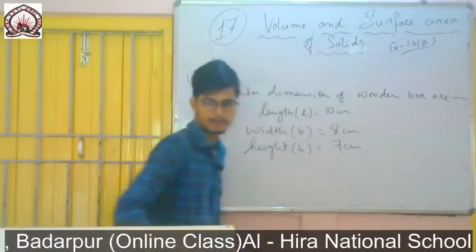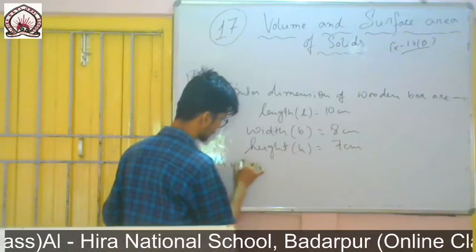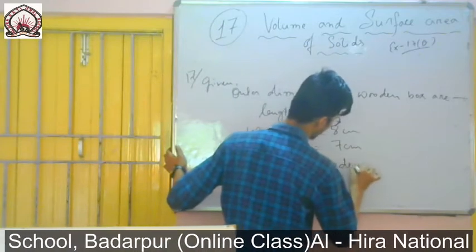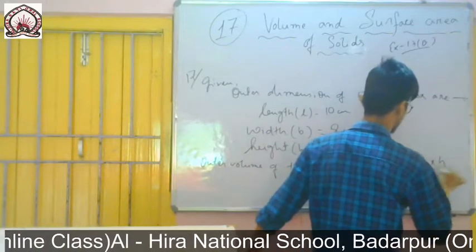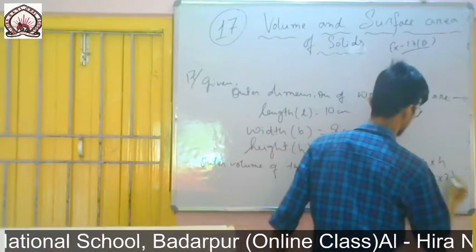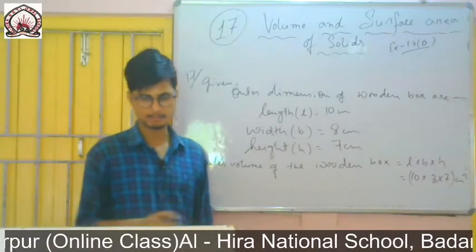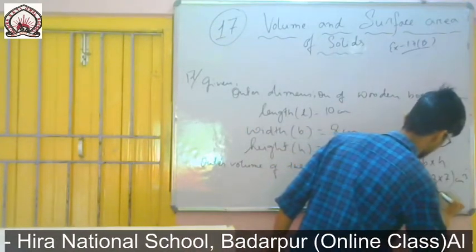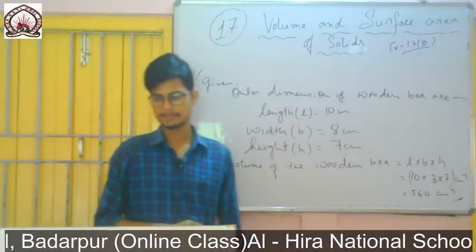So like earlier I will find this volume. Therefore outer volume of the wooden box is equals to length into breadth into height. 10 into 8 into 7, unit will be centimeter cube. 7 8 56, 560 centimeter cube.